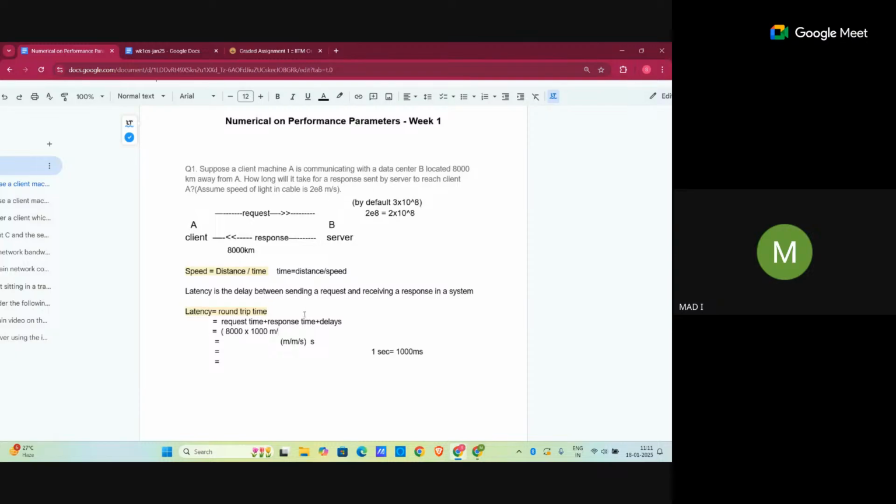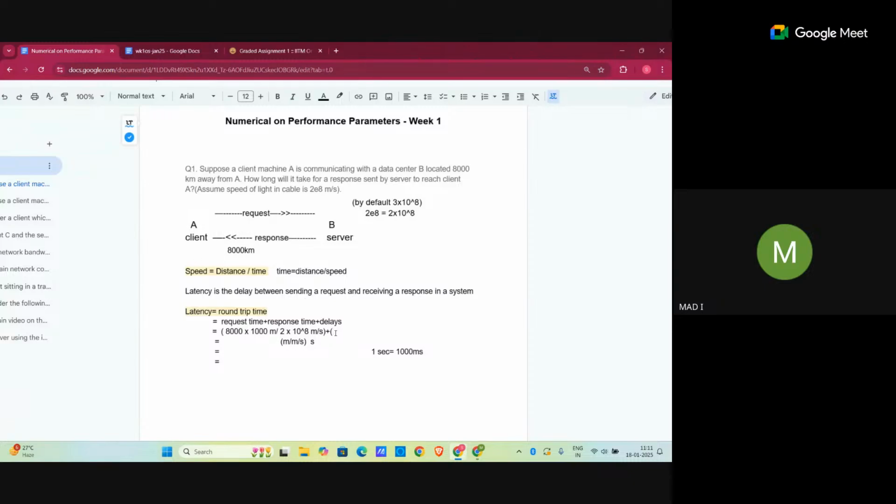This speed is in meters per second, so if you divide like this, the answer will come in seconds. So this is my request time plus response time. For response time, again the distance is 8,000 kilometers.